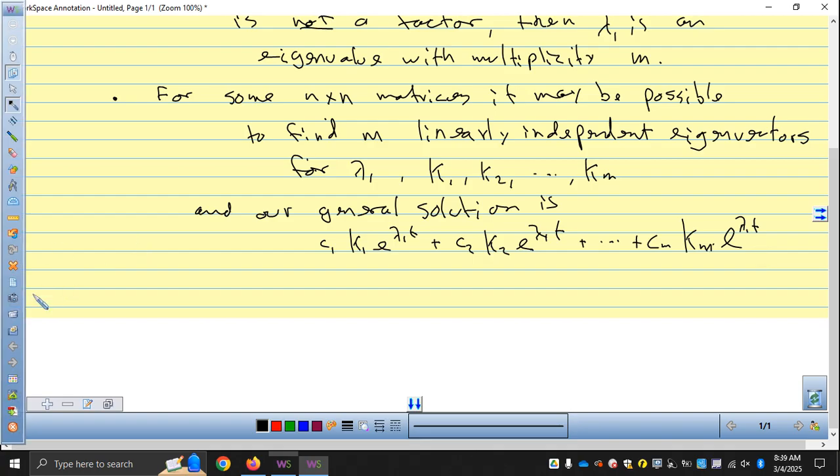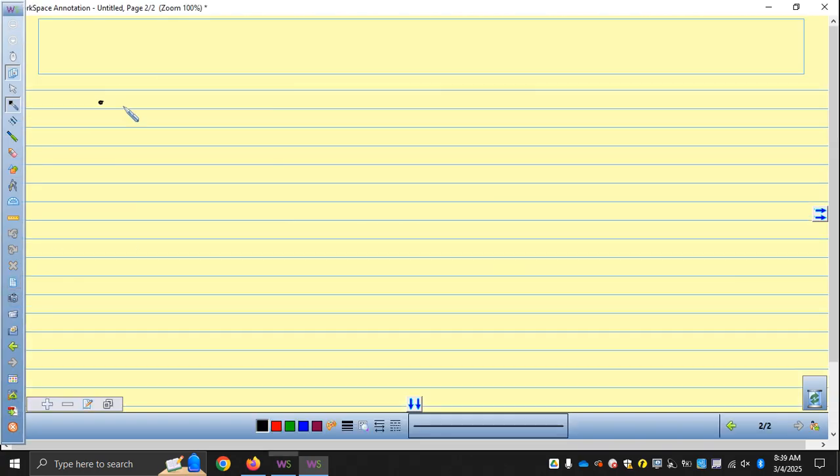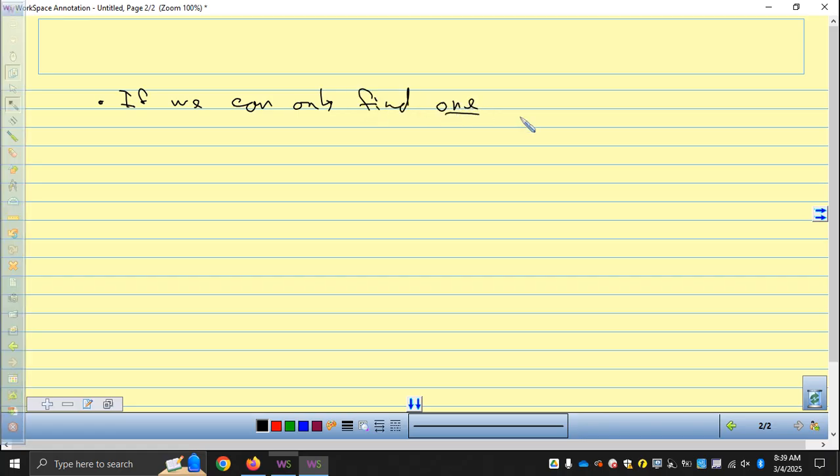If we can only find one eigenvector for that eigenvalue, in that case, we can still find our linearly independent solutions.